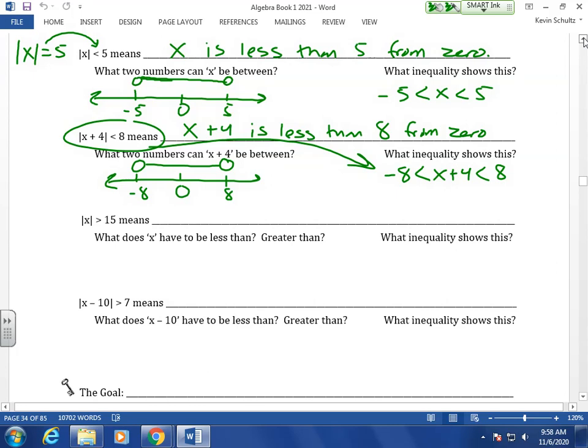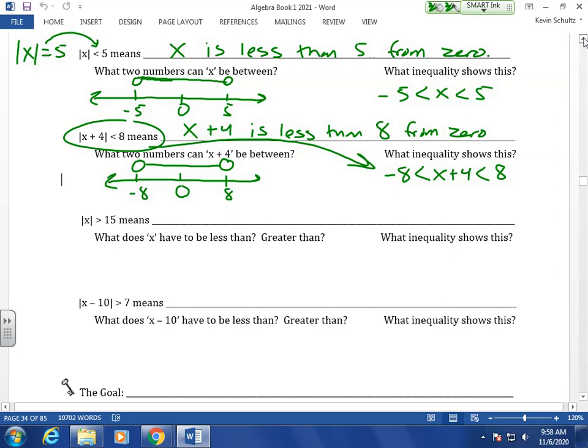You have to convert it, you have to manipulate it, you have to know what it means so that you can write it as a compound inequality. That's what the point of this top section is. Because once you get to this inequality here, hopefully you should know how to solve that if CO16 went well for you. Okay?